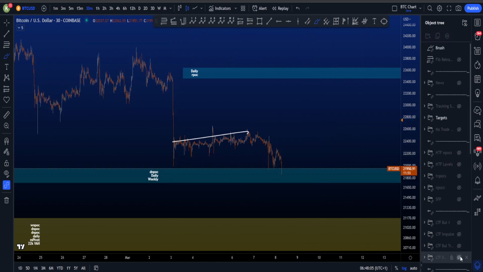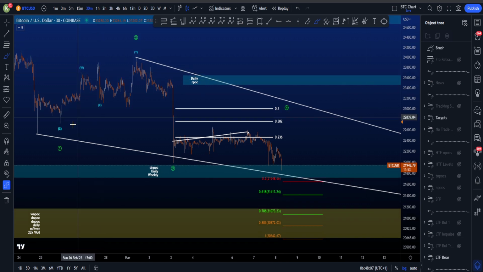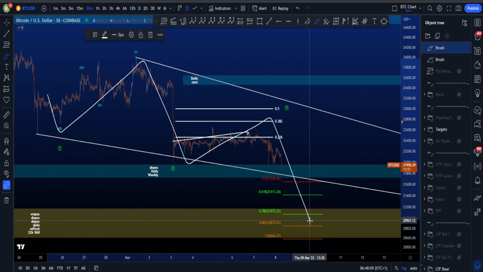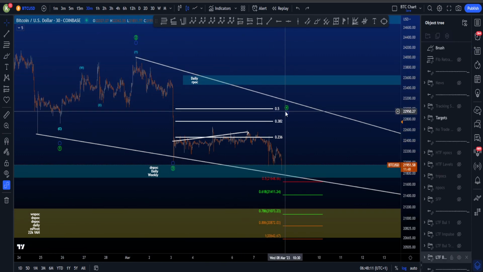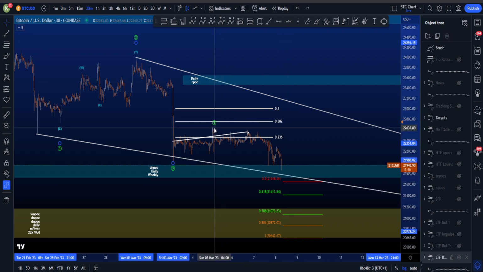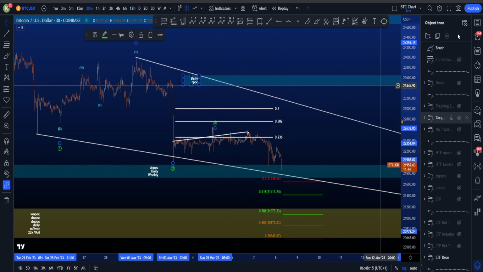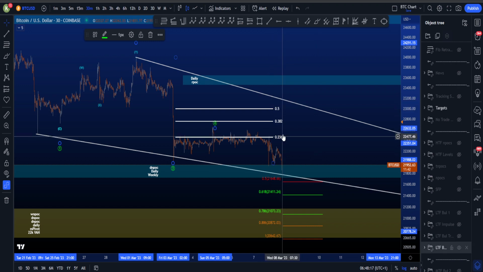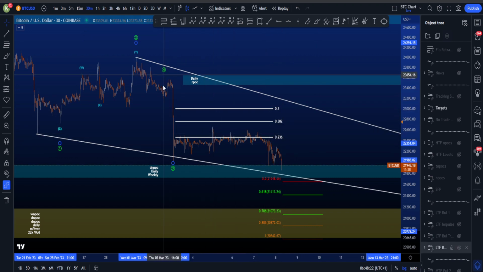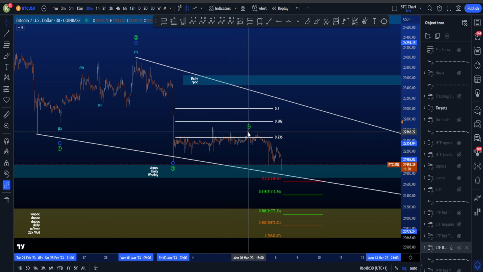Now, the more bearish scenario is that we have again the leading diagonal 1, 2, 3, 4, 5. Now, even though for a wave 4, this is a very, very shallow retracement. So wave 4 in this scenario, it only hit the 0.236, and basically in this leading diagonal pattern, which is more rare. The 382 is definitely more common, but again, we cannot disregard it.